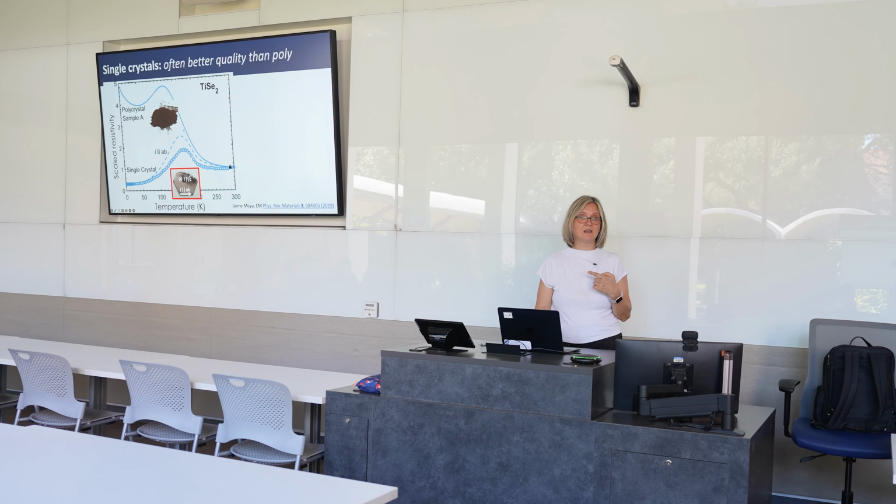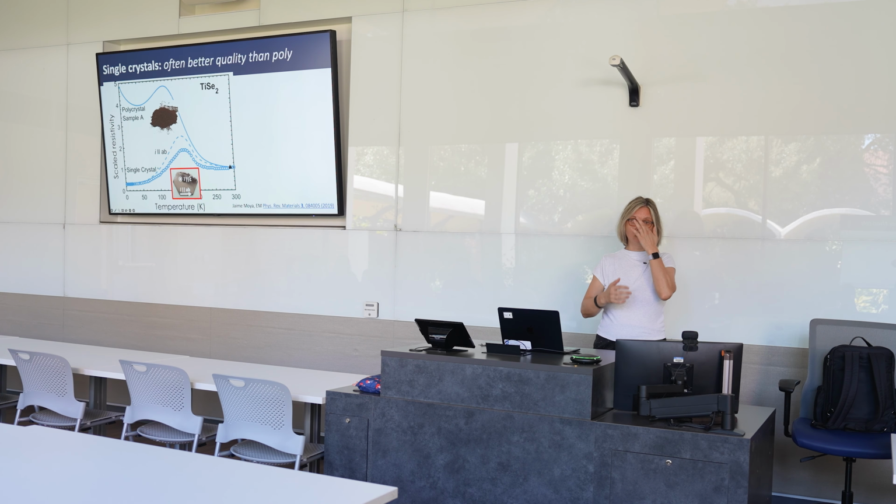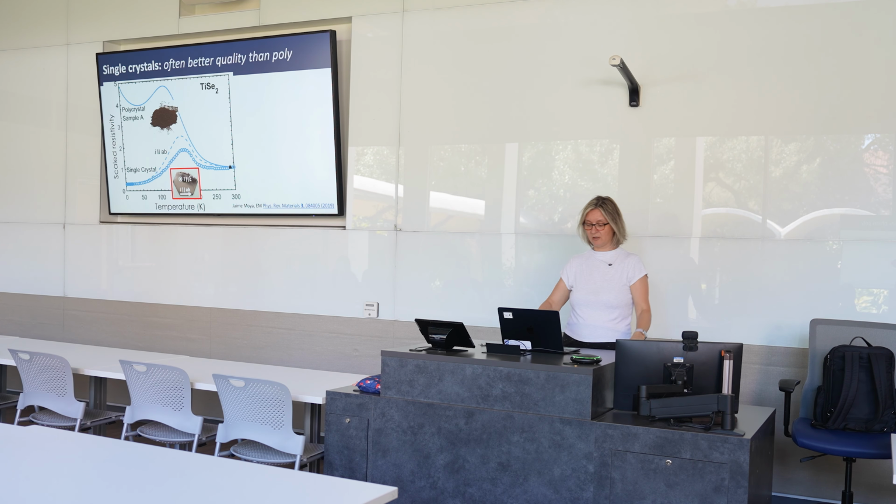One in the AB plane, which is the plane of this plate, and another with the current perpendicular to the plate. And so you see that both of these have resistivities much lower than the polycrystal, and that's exactly because of the different grains that occur in the polycrystal that are not there in the single crystal.